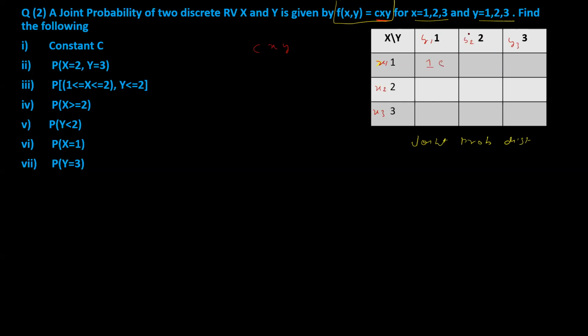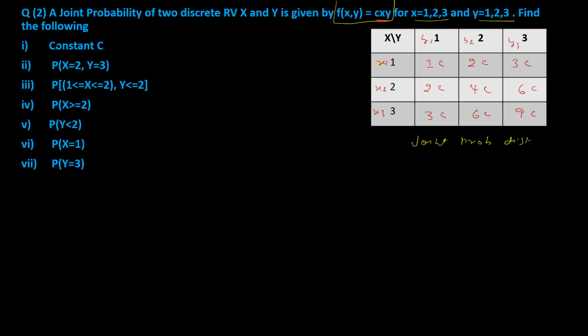When x is 1 and y is 2, you will get 2c. When x is 1, y is 3, you will get 3c. Next, when x is 2 and y is 1, you will again get 2c. Next, you will get 4c here, and then 6c in this case. Here you will get 3c, 6c, and 9c. So this is a joint probability table.